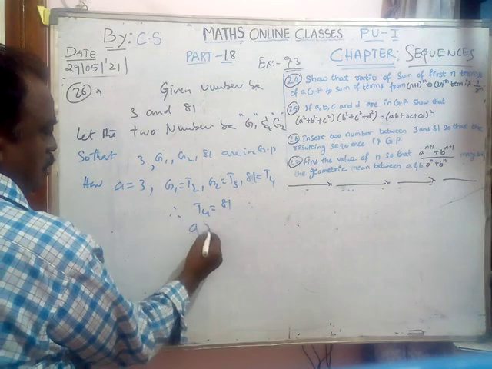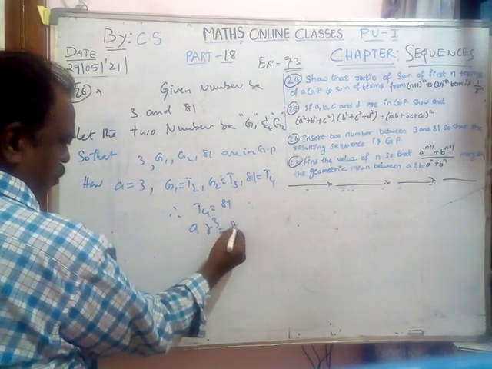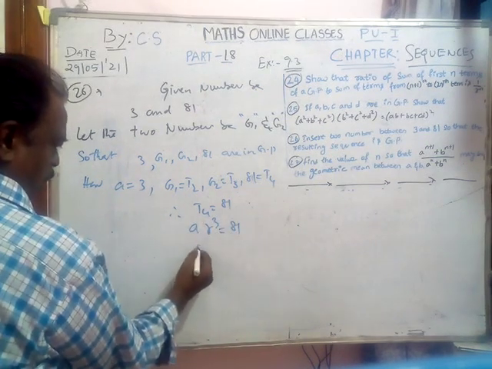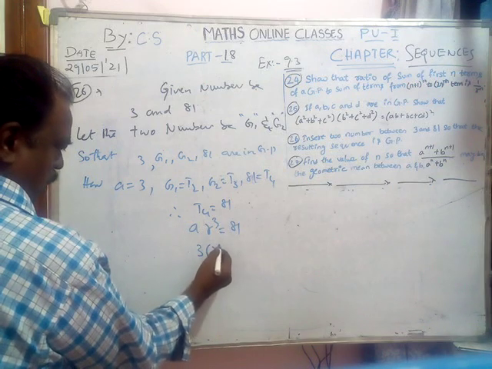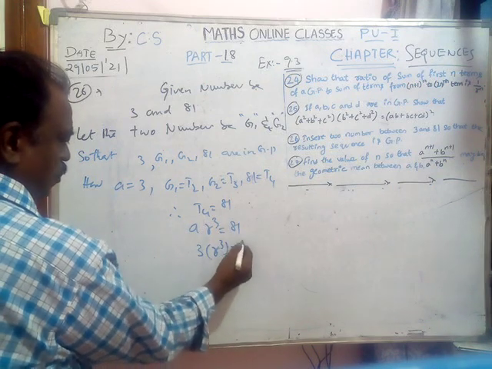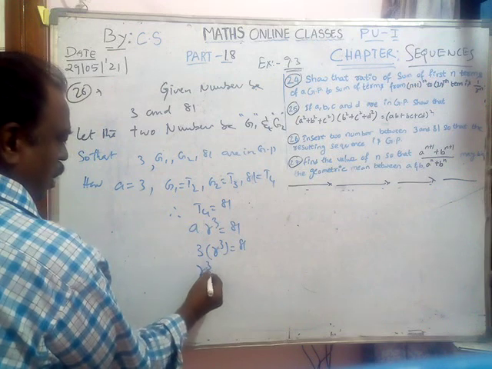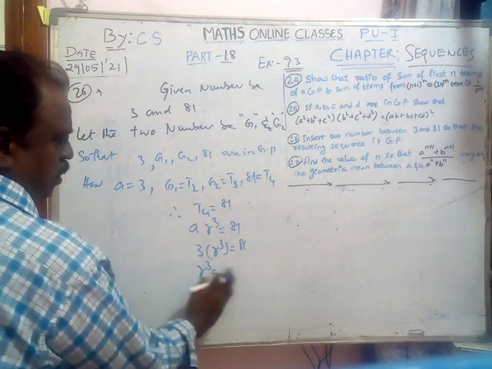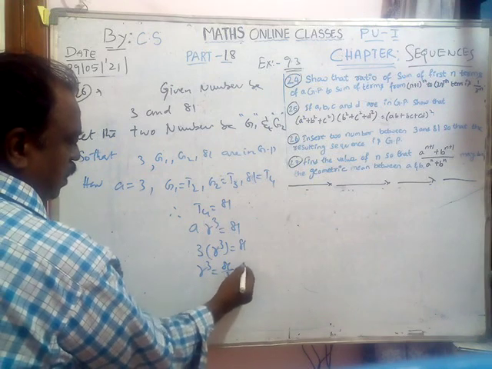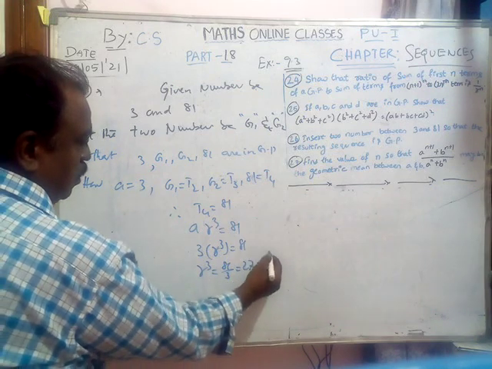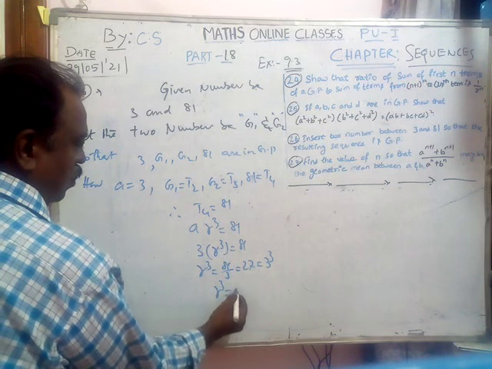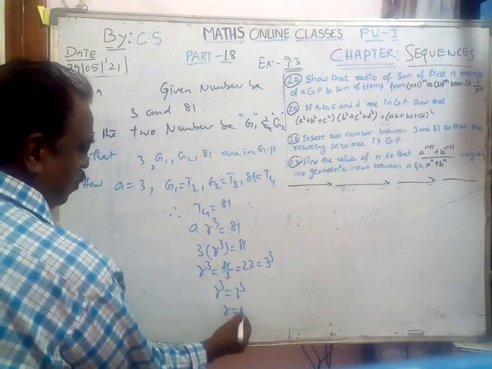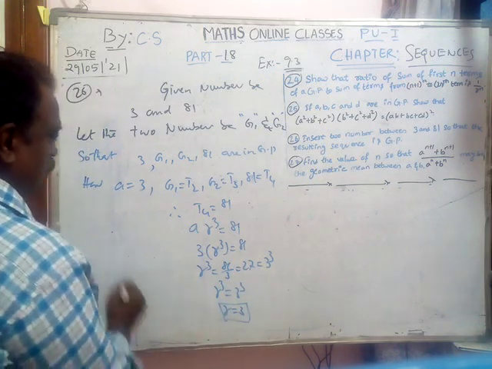T4 means A R cube, so 3 R cube is equal to 81. R cube is equal to 81 by 3, which is 27. 27 is nothing but 3 cube. So R cube is equal to 3 cube, which means R is equal to 3.